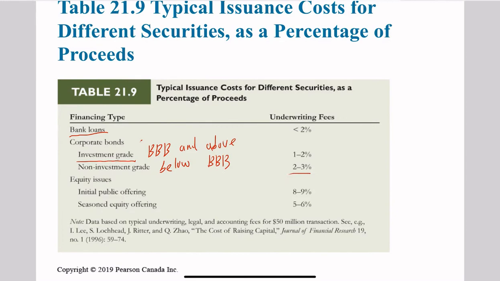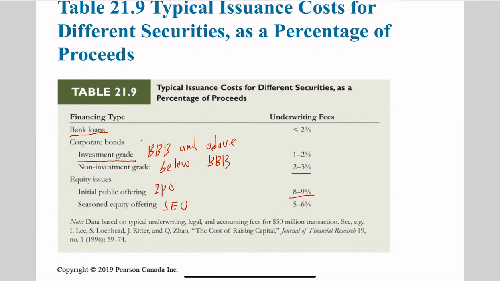For equity, we have two cases. The first is the IPO, the second is the SEO. IPO means the first time the firm files for going public and gets listed on a stock exchange. In this case, the underwriting fee is about 8 to 9%.